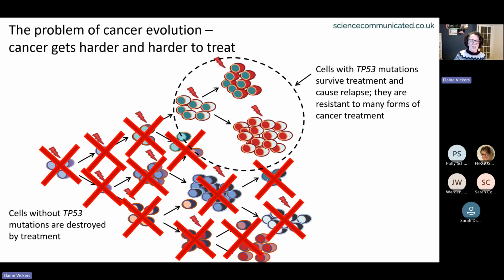And so if you give the patient treatment and then their cancer reemerges, that is when you tend to find that the cancer cells with TP53 mutations are now dominating, because these are the ones that were able to survive treatment, whereas the weaker and more sensitive ones couldn't. So the more time goes by and the more treatments the person has received, the more you find cancer cells with these sorts of mutations that make them very resilient, that make them very unable to die.